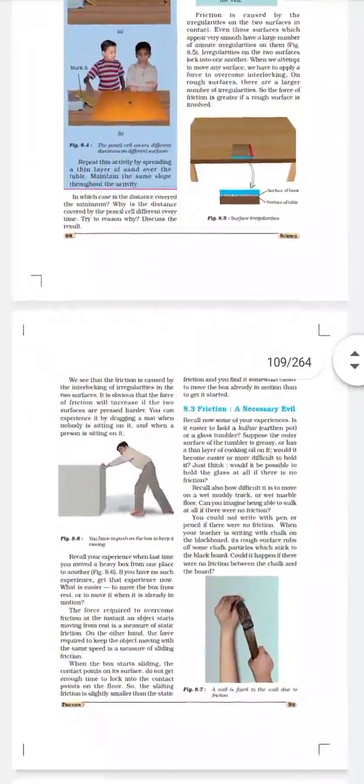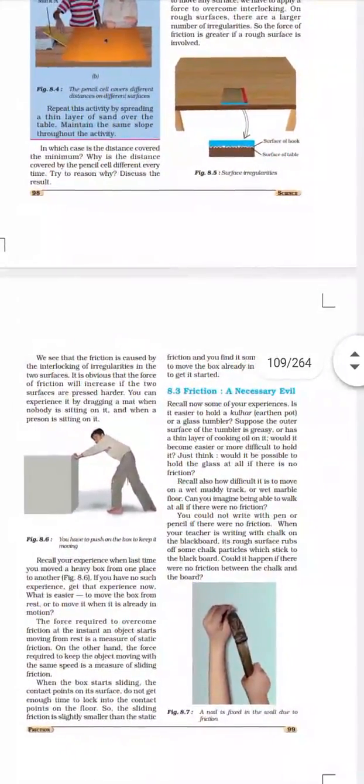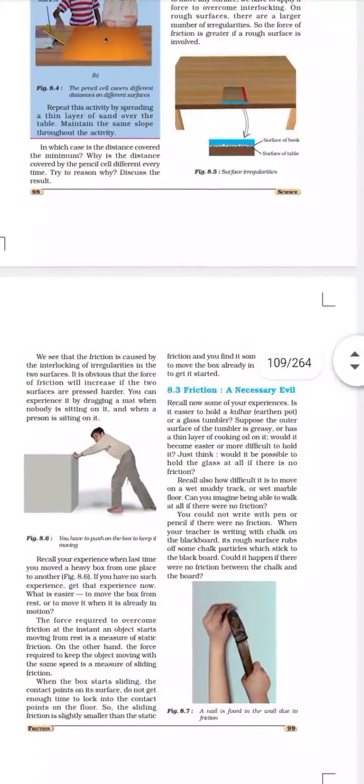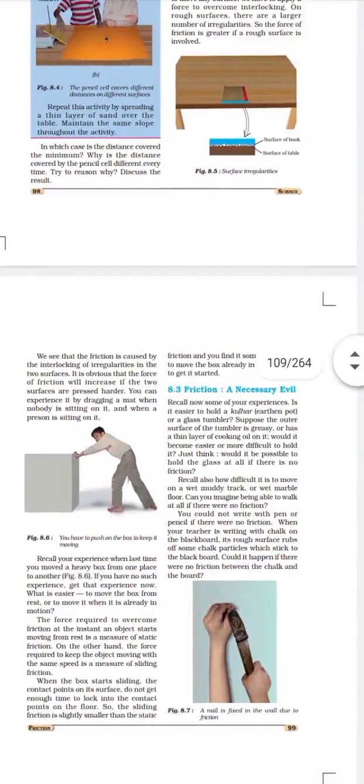Friction is a necessary evil. Why? Because it is easier to hold a kulhar than a glass tumbler. Suppose the outer layer of the surface is greasy, would it become easier for you to hold?